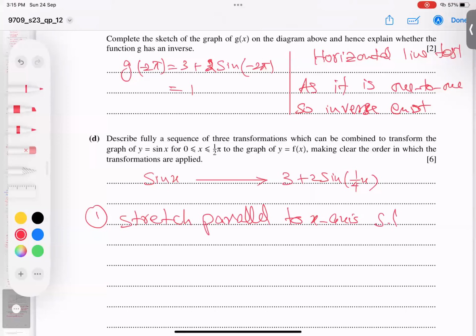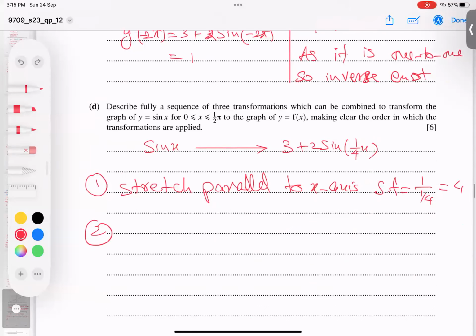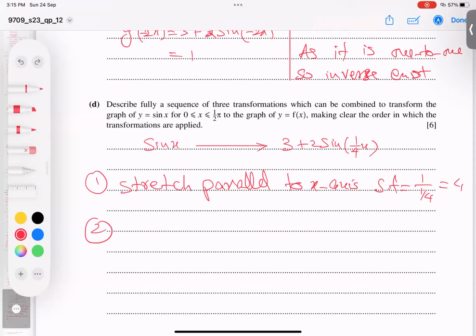And the scale factor, students, is always the reciprocal. 1/4 becomes 4. So for the x-axis it is always the reciprocal, but for the y-axis it is never the reciprocal, it stays as it is. So the second one is what you can say here.